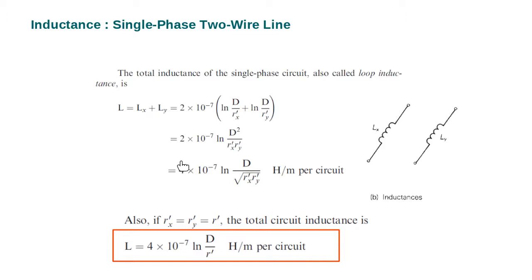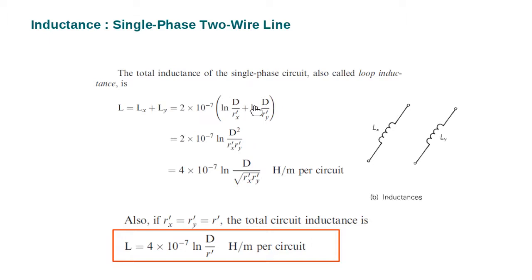Therefore, that's why we put 4 here. And the plus, we can put it this way, and then the natural log can be this. When you add these natural logs, we can put them this way: D squared over R prime X times R prime Y. If you put it under one natural log, you multiply them: D times D when you add it.